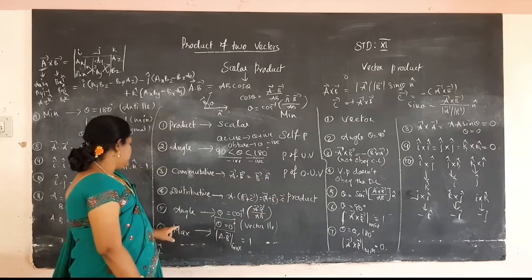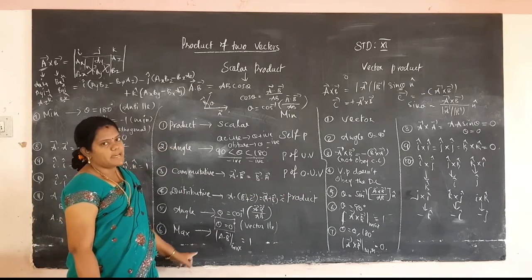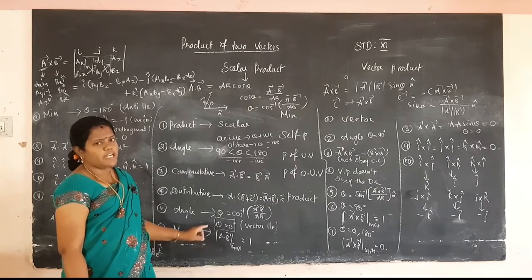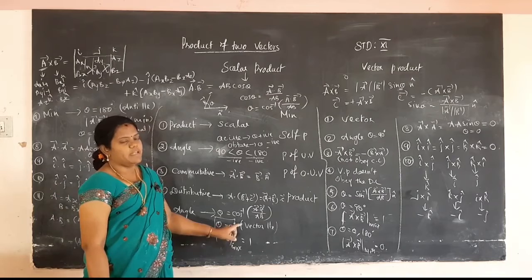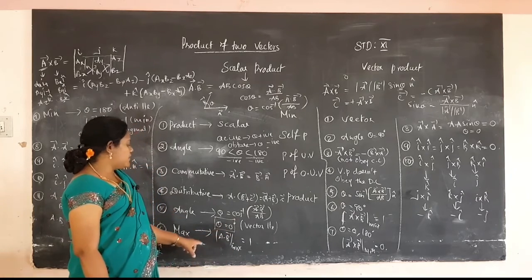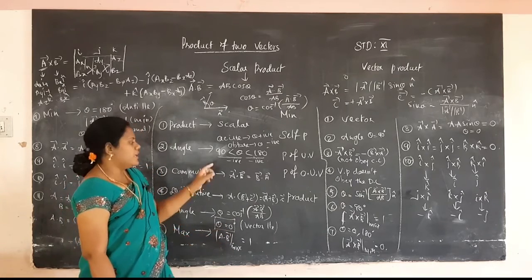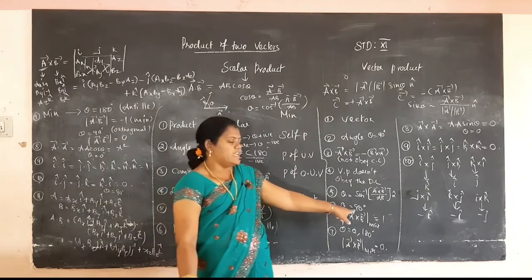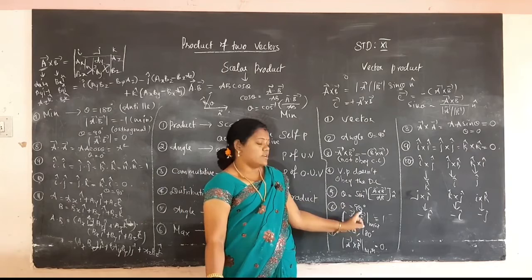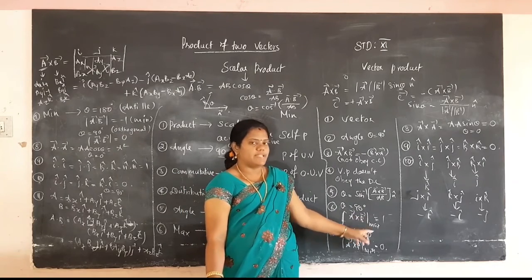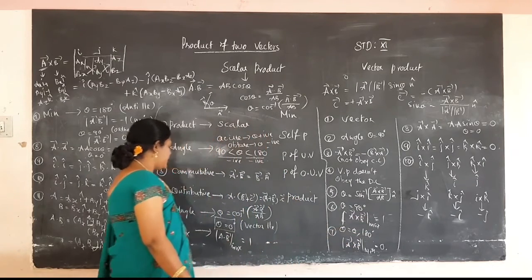And then when the product will be maximum, we take the angle as 0 because the vectors are parallel. In the scalar product the value is maximum, but in the vector product the angle is 90 degree; the two vectors are orthogonal, and then the vector product of two vectors is maximum. When will it be minimum?